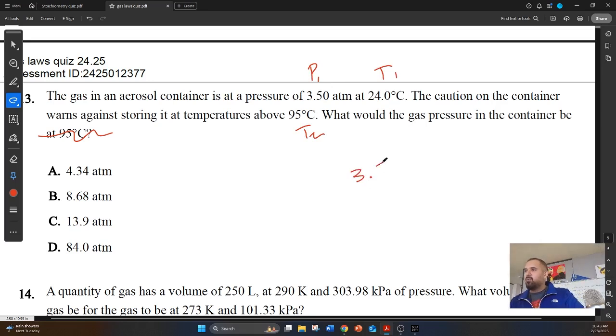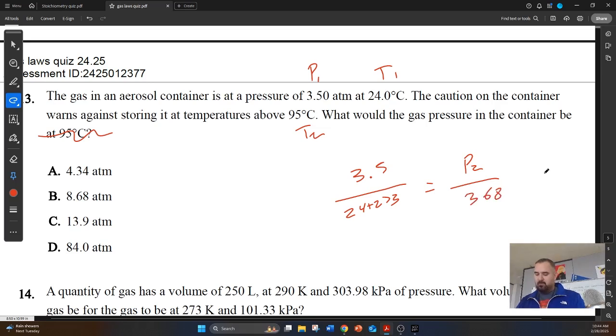So we got 3.5 divided by 24 C, so 24 plus 273, and that's going to be equal to P2 over 95 plus 273, which is 368. And this one is 297.